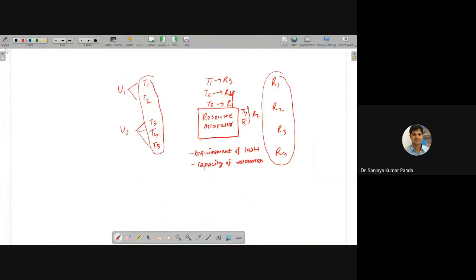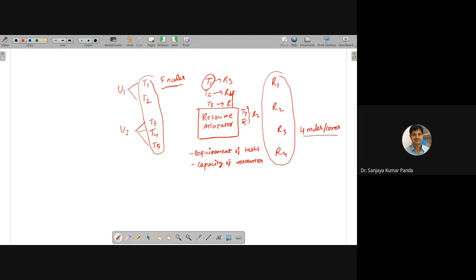So for example, resource 3 is capable of providing you 4 nodes. Okay, or you can say 4 cores. But the requirement of task T1 is for five nodes. Assume that. So if 5 nodes is the requirement, and the maximum that is available here is 4 nodes, right?